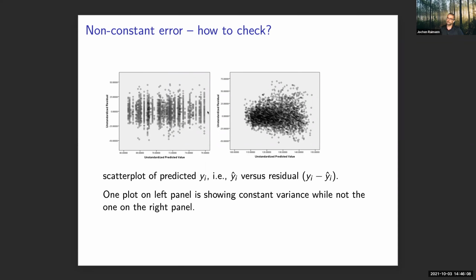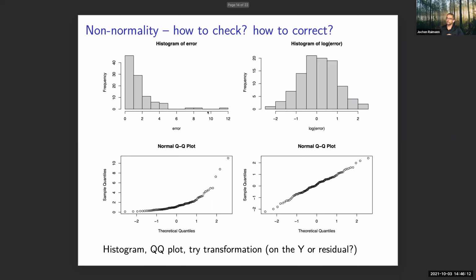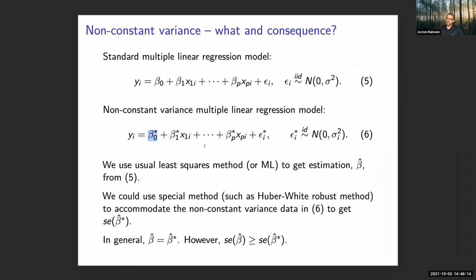What we can do in addition to that regarding constant variance: what do you do now if you have heteroskedastic data?